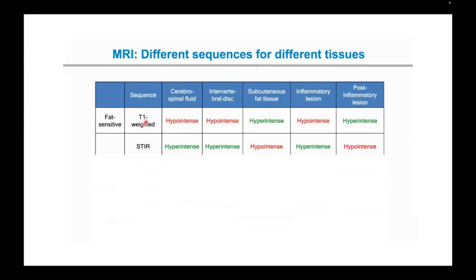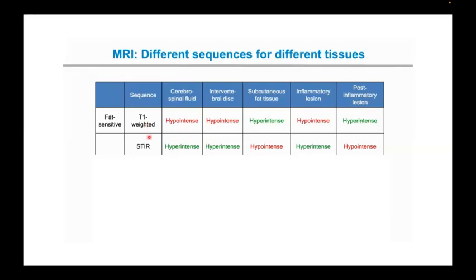T1 weighted, which is fat sensitive. In T1, you will see everything is black, hypointense, except the fat, which includes subcutaneous fat tissue and post-inflammatory regions, what we call fat metaplasia. We'll see a sample image later.